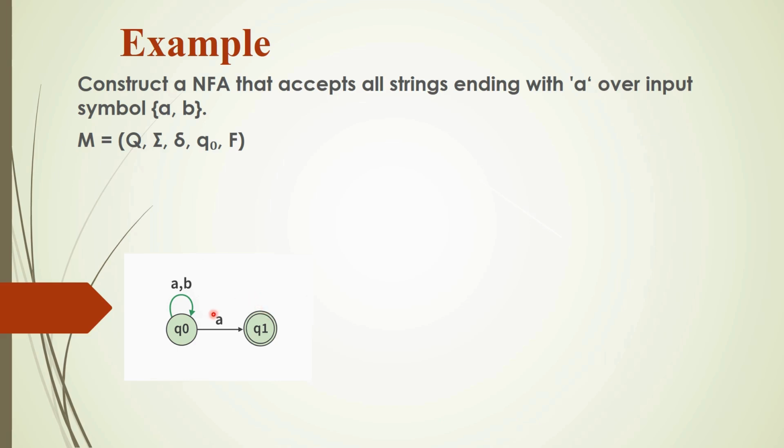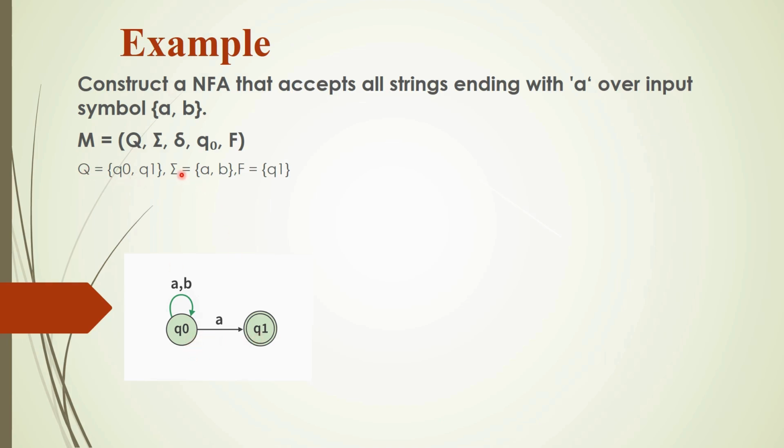So this NFA accepts only those strings which end with A and start with any input symbol. From this transition diagram we define our tuple as your states are Q0 and Q1.